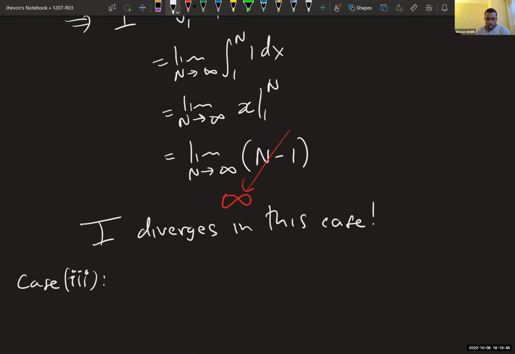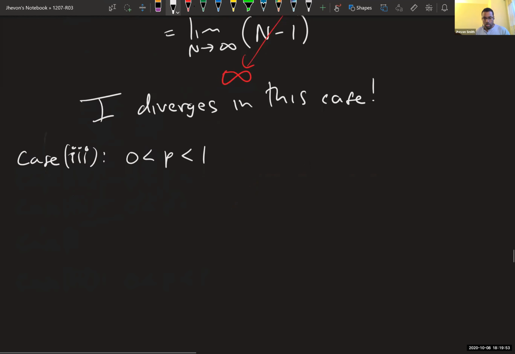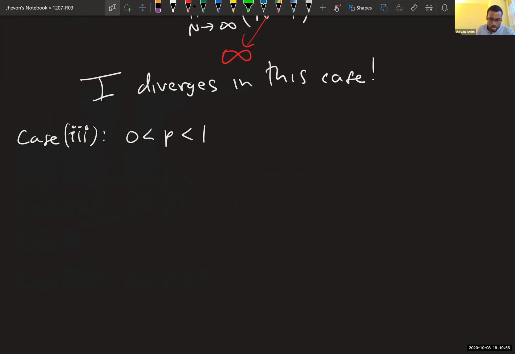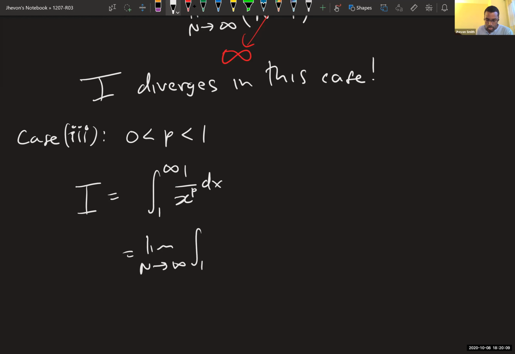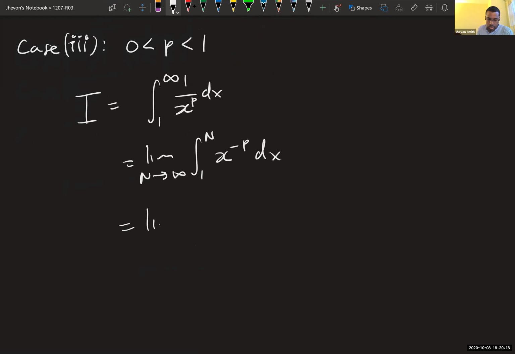Okay, case 3. P between 0 and 1. Okay, so in this case, my I is actually equal to the integral from 1 to infinity of 1 over x to the p. I can integrate that.